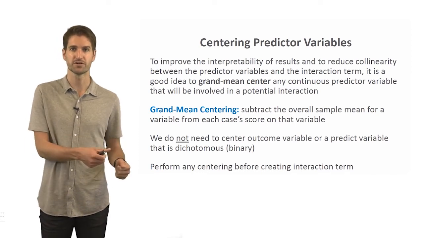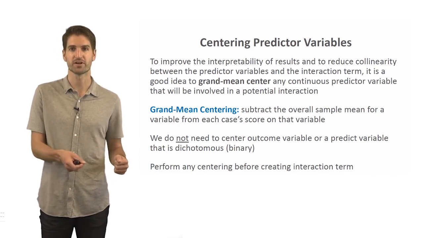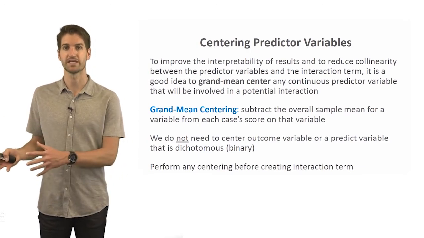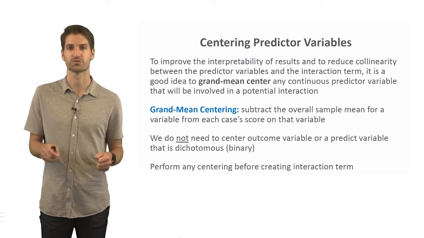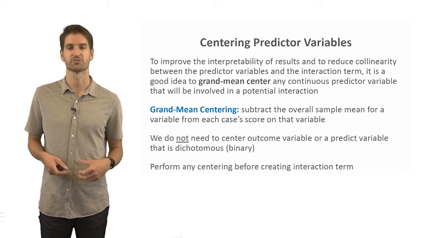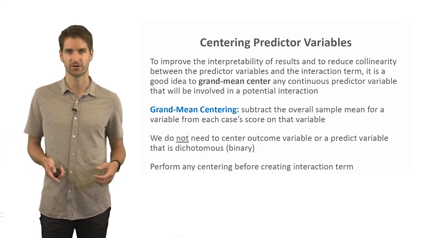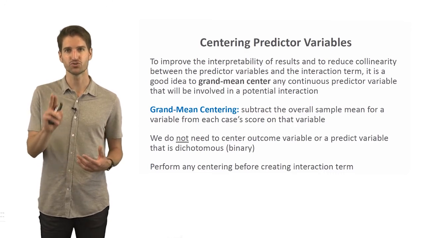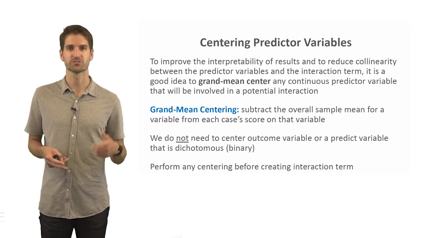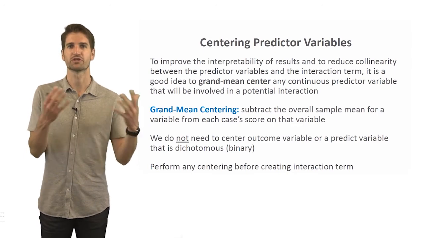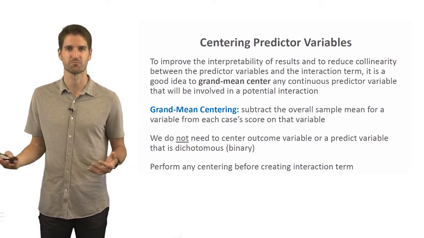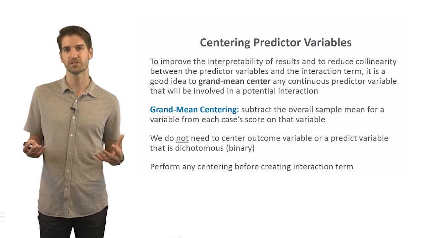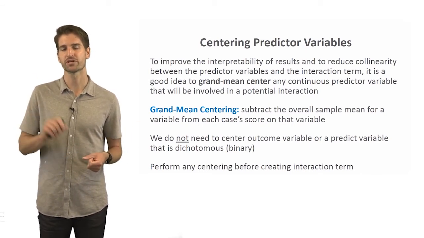So first center the predictor variable and the moderator variable, if applicable, and then create the interaction term by multiplying scores for the predictor and the moderator variable together to create that new variable that's your interaction term. Okay? And so essentially what's happening, if you have two different variables, two predictor variables, one of which is your traditional predictor variable and the other one is your moderator variable, and you want to know whether or not there's an interaction between them, well, you're actually going to have three predictors in your model.